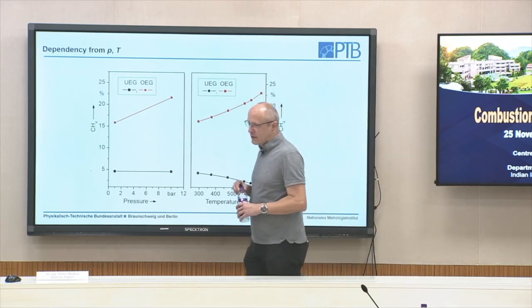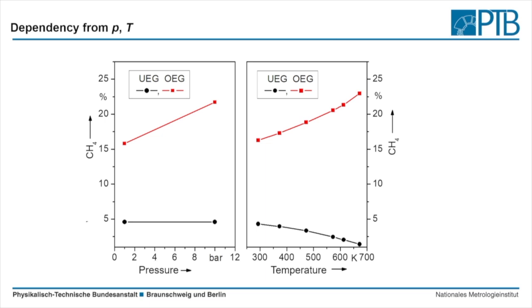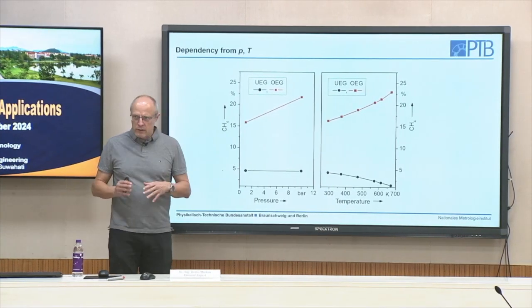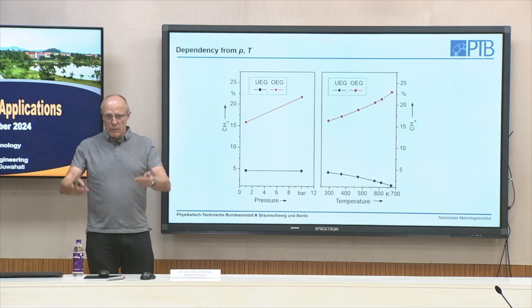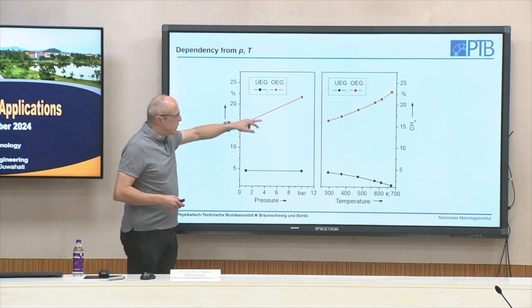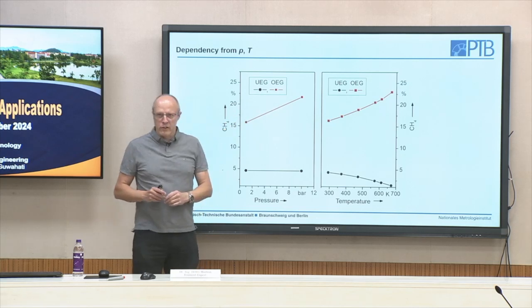How do these flammability limits, explosion limits, change with temperature or pressure? With pressure, it's quite difficult. For most hydrocarbons, it's broadening. The lower flammability limit is nearly not influenced if you go to higher pressures, and the upper flammability limit goes to richer mixtures.